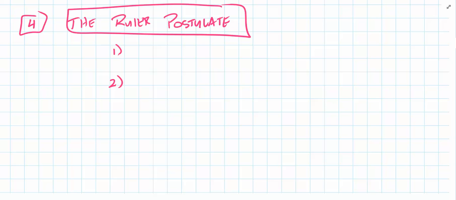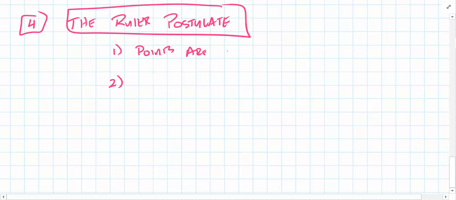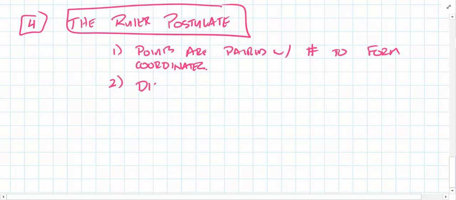Once points are paired with numbers to form coordinates, then the distance between two points is the absolute value of the difference of the coordinates.